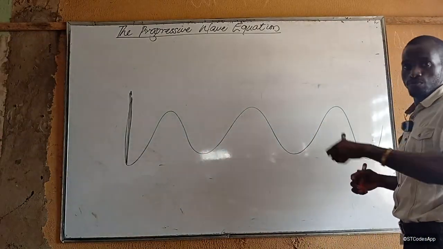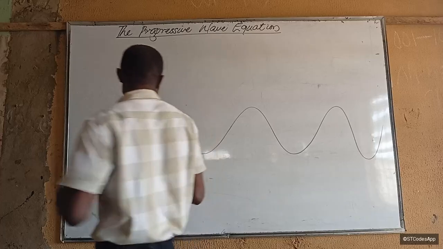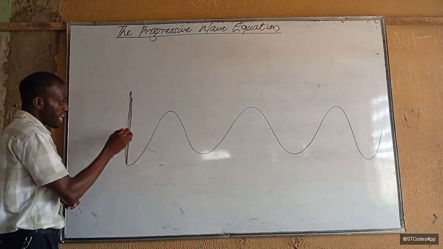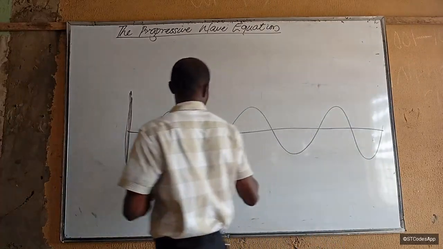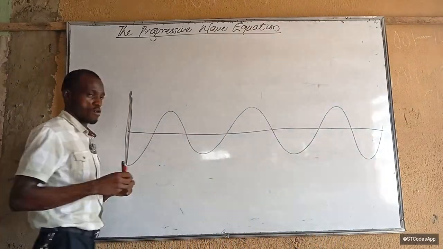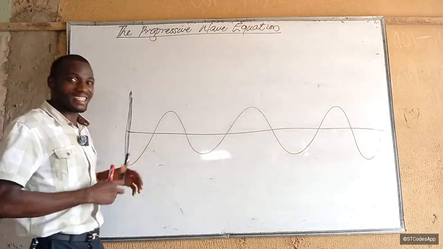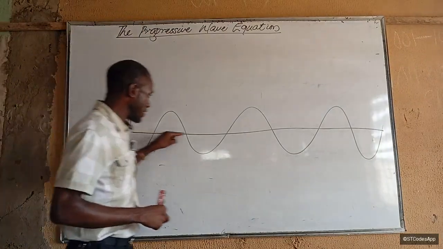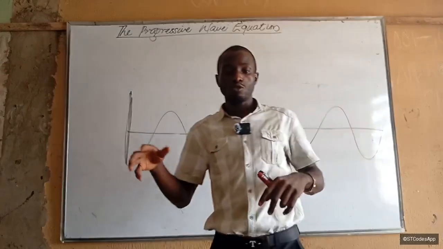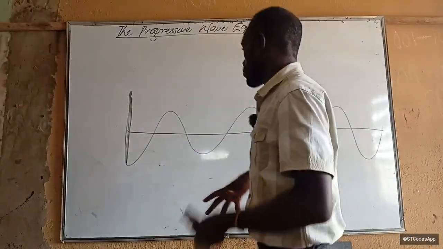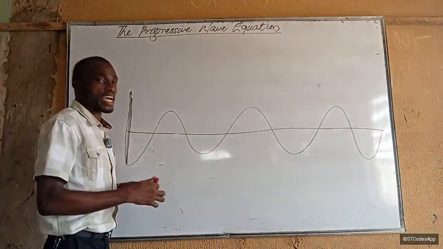You're going to notice that it's forming a wave. And the wave has a fixed point here, which looks like its point of least displacement. This line here divides this wave motion into two. Is that clear?